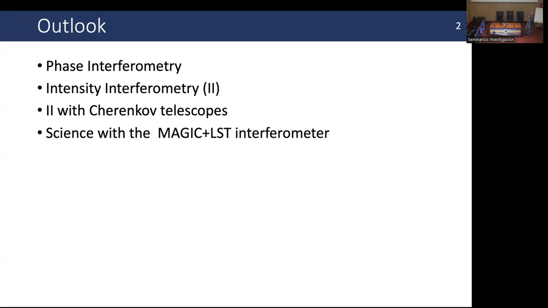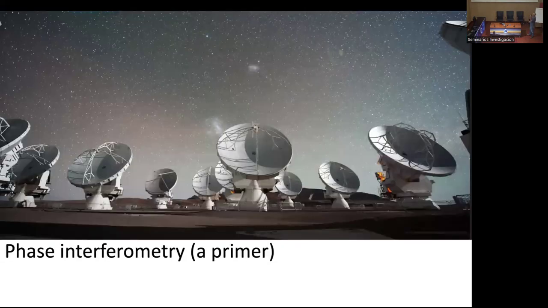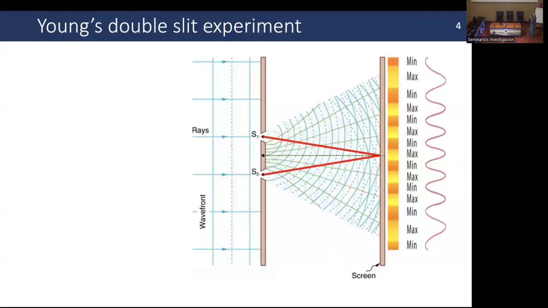Then how we do it in Cherenkov telescopes, and then the kind of science that we are already doing with interferometry in Cherenkov telescopes, specifically with MAGIC and the CTA LSTs. So this is really very much a primer. I hope nobody feels insulted when I introduce interferometry. But I think it's a nice introduction because intensity interferometry is not so well known.